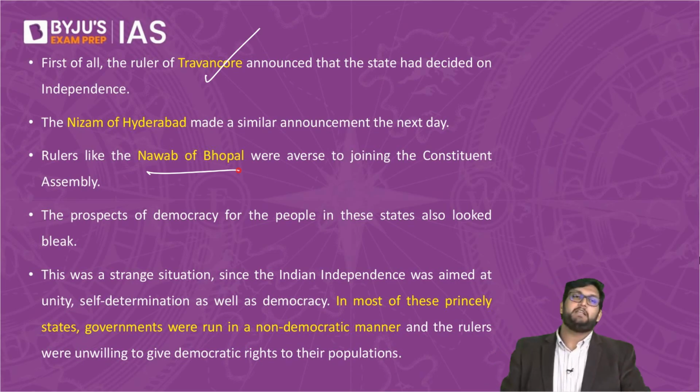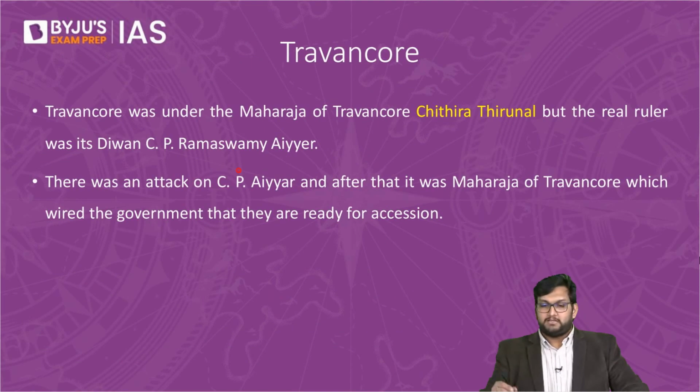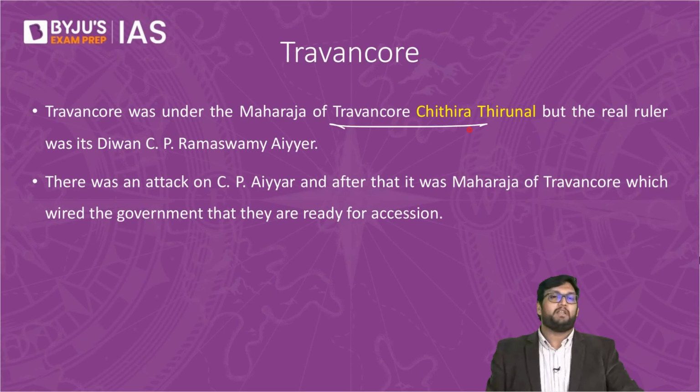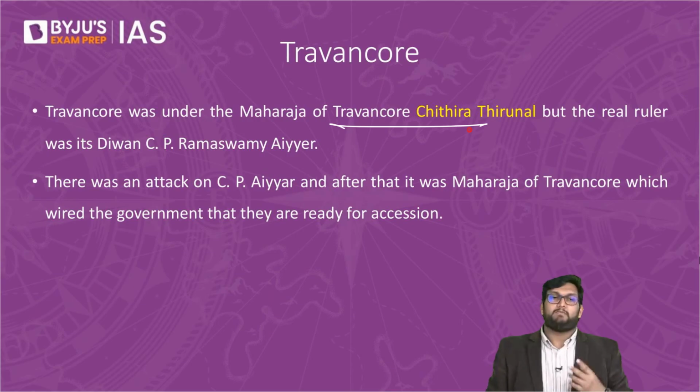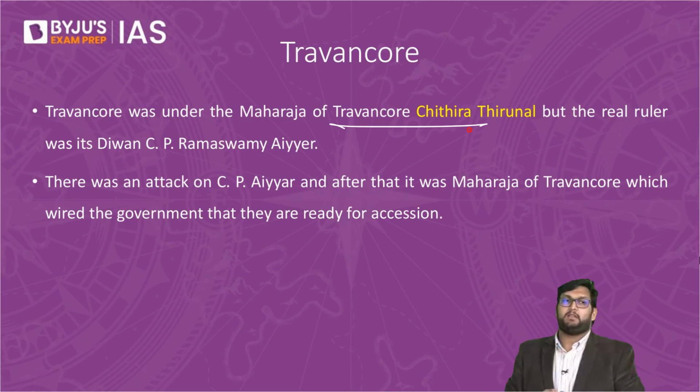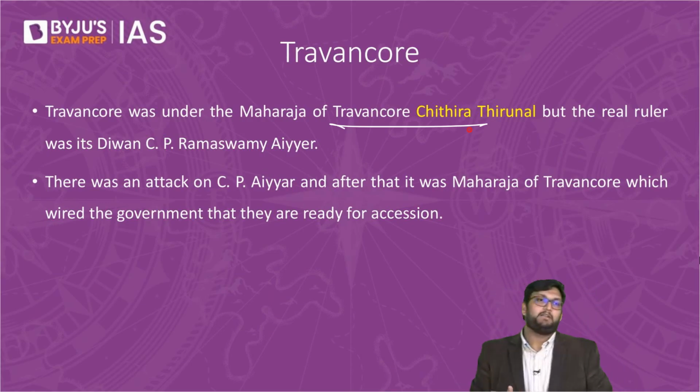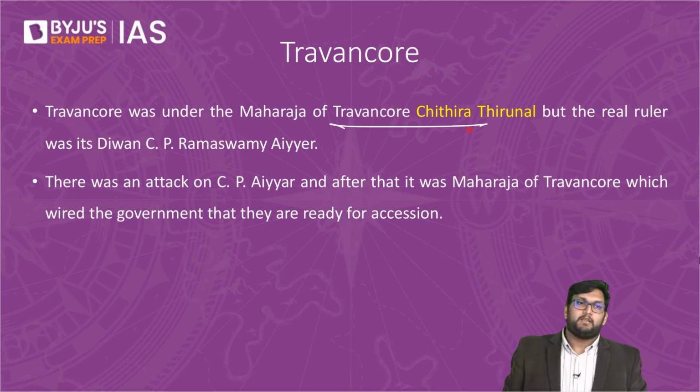But the more interesting out of Travancore is a very simple story that the Maharaja was Chithira Thirunal. You don't have to learn all of this, just have to keep it in the mind. The real ruler was actually his Diwan C.P. Ramaswamy Iyer.